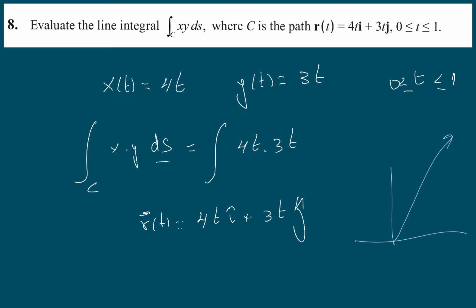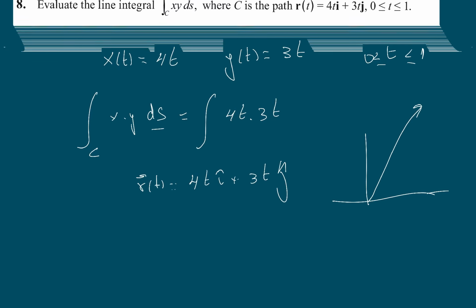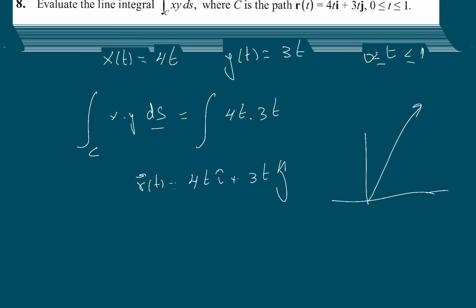You can see that when t equals 1, the vector is 4i plus 3j. When t equals 2, the vector is 8i plus 6j. So it's a rectilinear line that is described by r of t. Okay, so now we need to find ds.